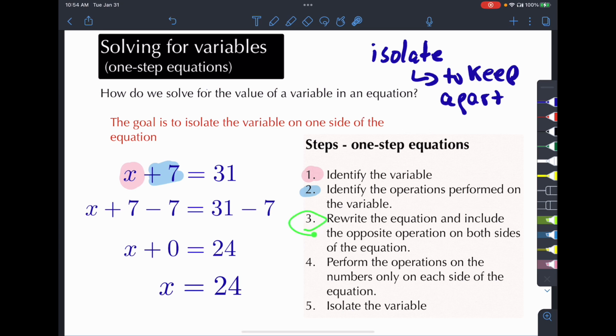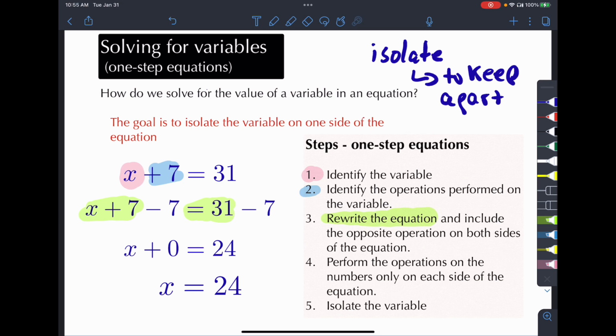The third step is to rewrite the equation and include the opposite operation on both sides of the equation. This one's a bit of a mouthful, but let's do this. So here in green, we're rewriting all of the equation from the previous line. So that's this part right here.